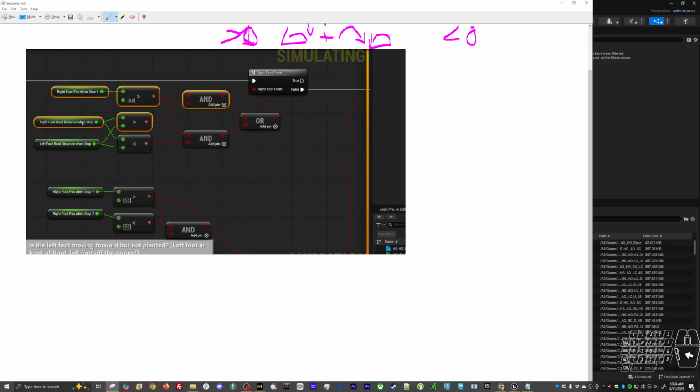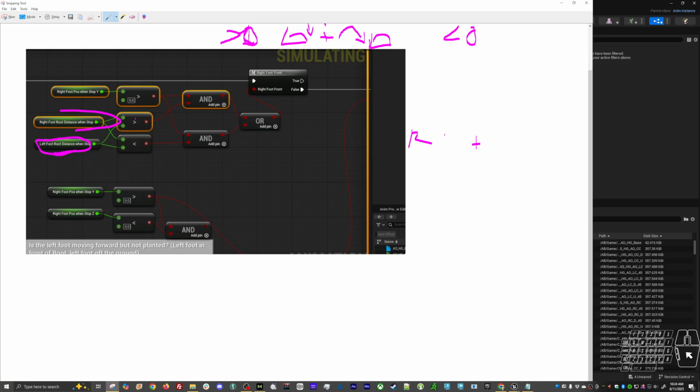Okay. So now we're checking the distance. And if this distance is greater than the left foot distance when stopped. Okay, so if the right foot distance from the root, so let's say that this is the right foot over here. Here's our root, and we're behind the root.